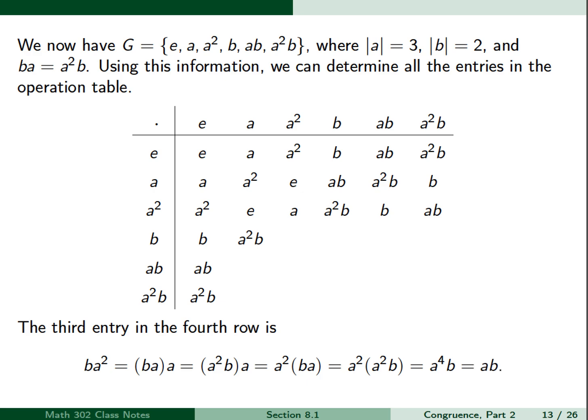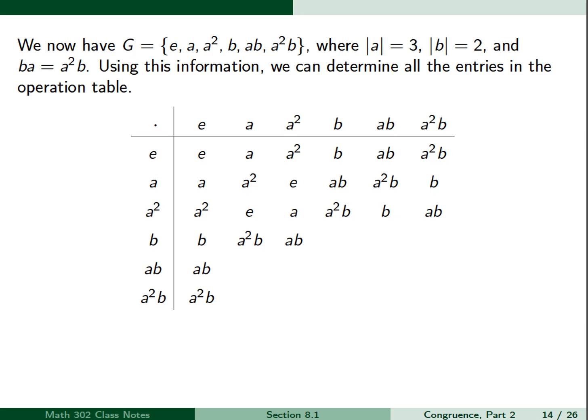So this is AB. So that's a little bit of work, but that gets us the third entry in the fourth row. Now the fourth entry in the fourth row is going to be B squared, which we know is the identity.